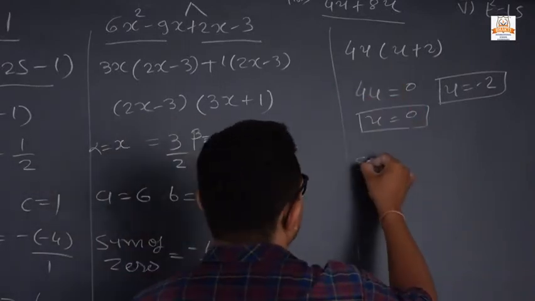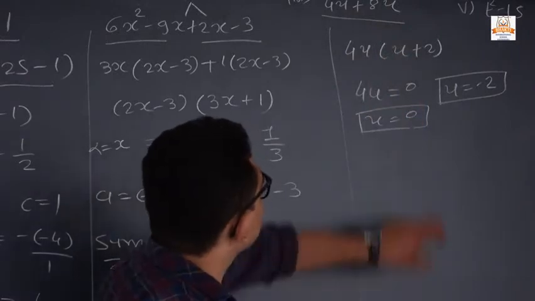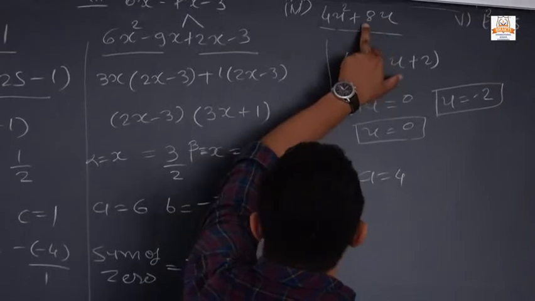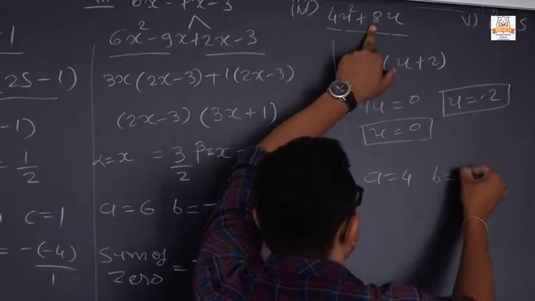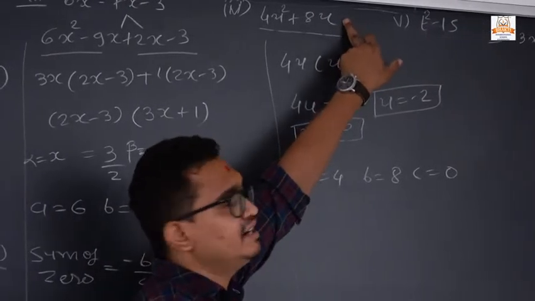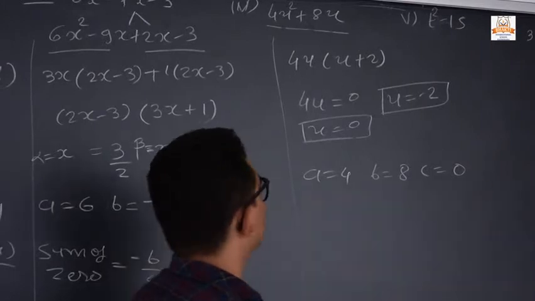Next, first of all, we can compare with our standard. What is the value of A? It is 4. What is the value of B? It is 8. And C will be 0, because the constant term is missing here. If it is missing, we can consider C as 0.